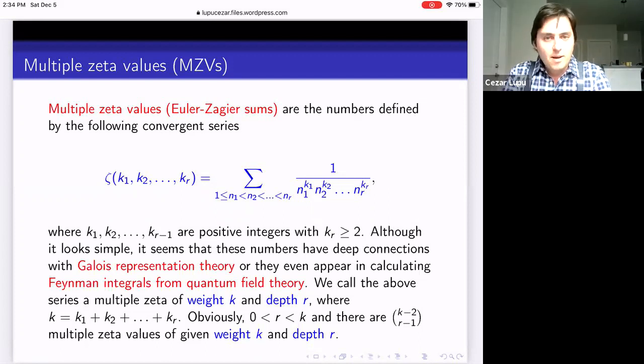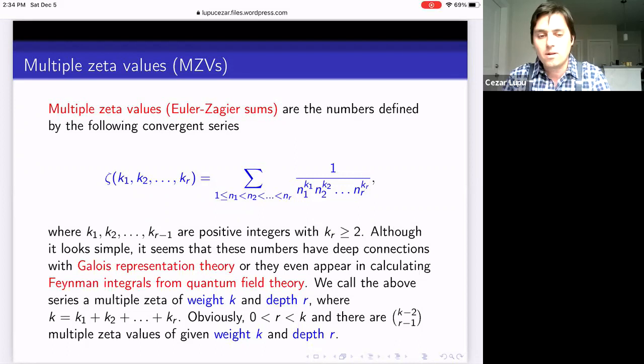So we call these objects multiple zeta values of weight K and depth R, or length, as some people call it, where the weight is the sum of the exponents, K1 plus K2 plus ... plus Kr, and the depth is the number of exponents, R.